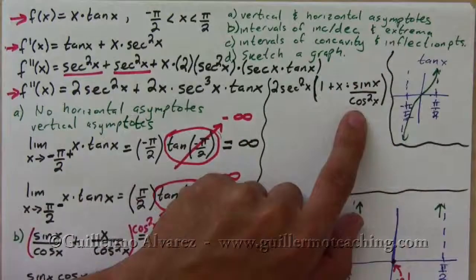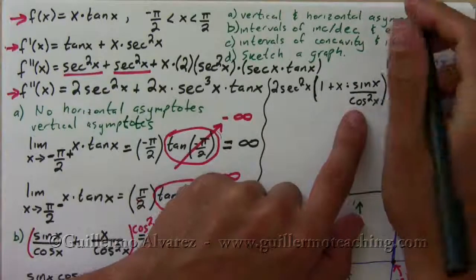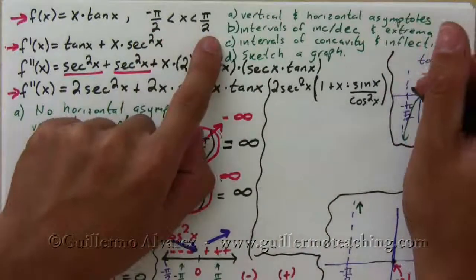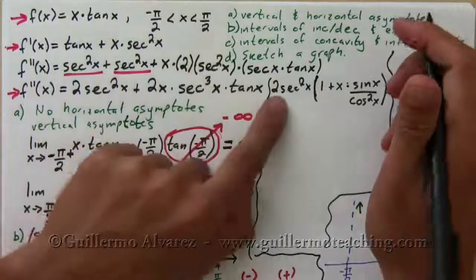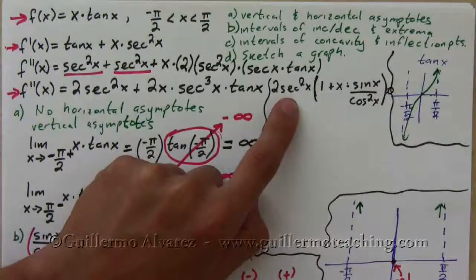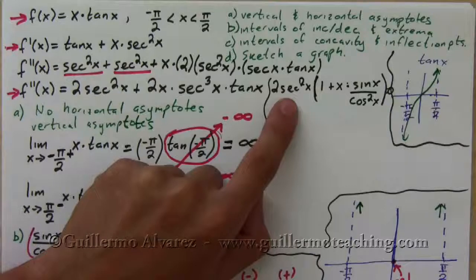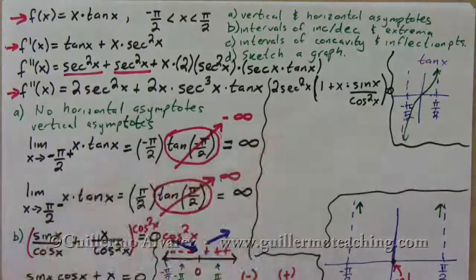Okay, so we already know that cosine is 0 when x is pi over 2, but that's not in the domain, so we don't worry about it. But we set it equal to 0 and try to solve this. First of all, secant squared equal to 0. Remember, secant squared is 1 over cosine squared, so this guy is actually never equal to 0, and I don't have to worry about him.